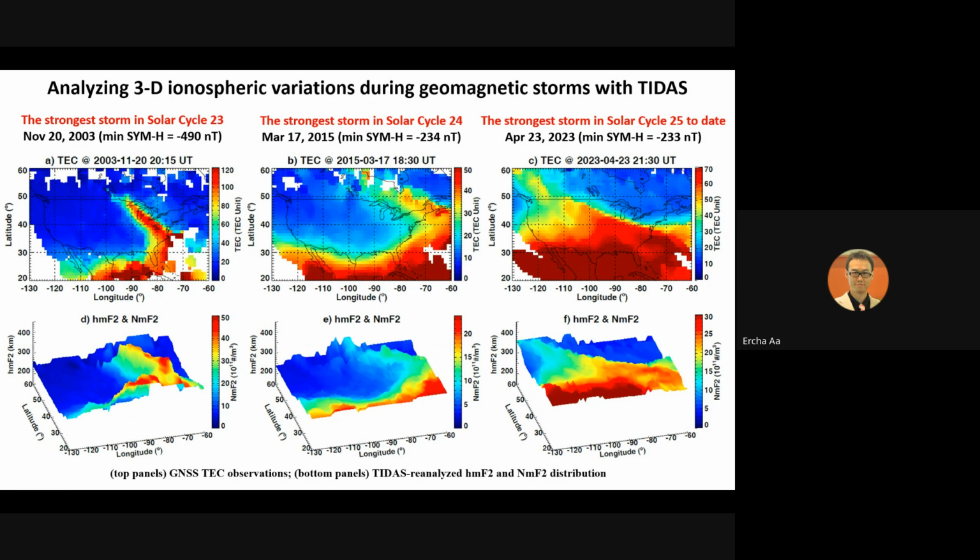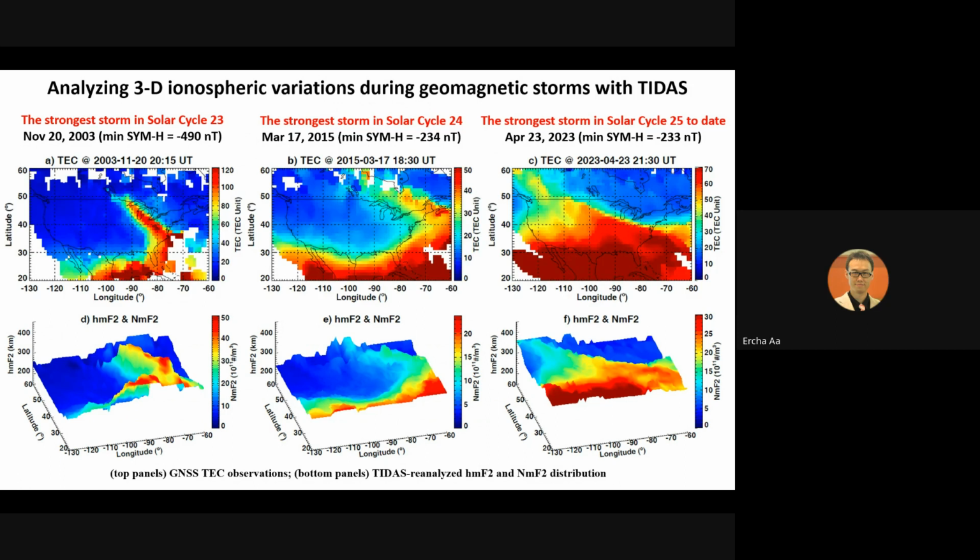For each of these storms, the top panel shows the TEC measurement, so that's why we have some data gaps. That's from Madrigal TEC. And the bottom one is the TIDAS reconstructed three-dimensional structures. So TIDAS can help us reconstruct the 3D ionospheric variations. We actually ran TIDAS for over 100 intense geomagnetic storms.